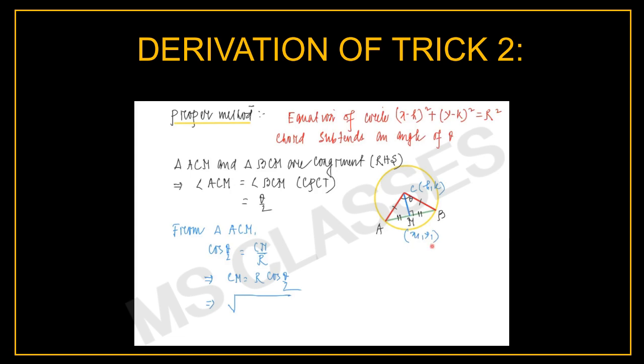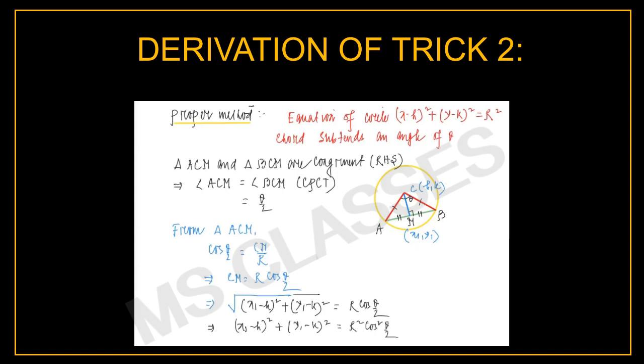Now from here we can say that x1 minus h whole square plus y1 minus k whole square equal to what we have here, r cos theta by 2. Now we'll square this. After squaring we get x1 minus h whole square plus y1 minus k whole square equal to r square cos square theta by 2.